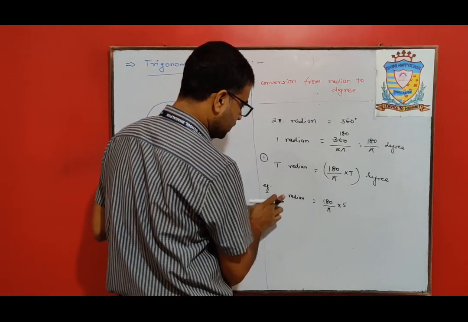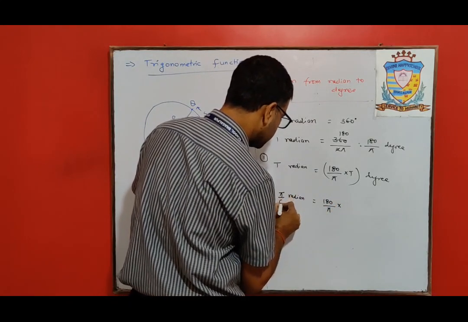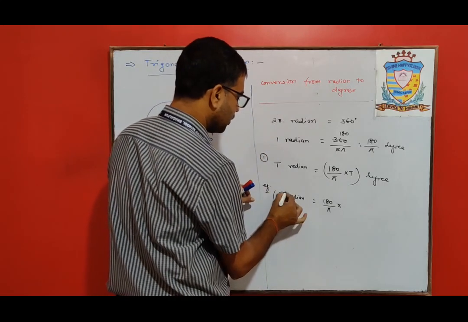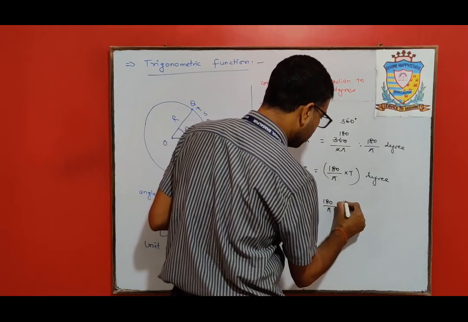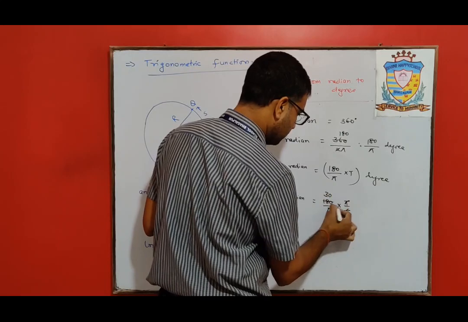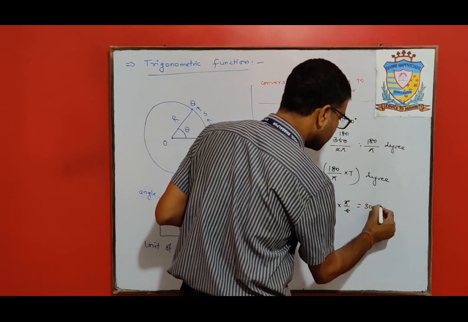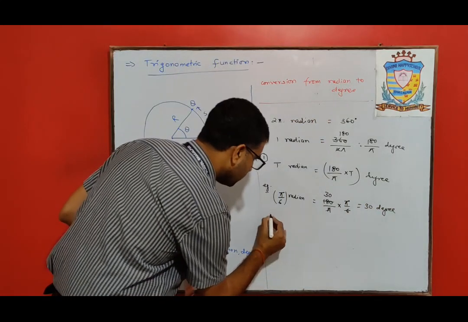Or you can say, not 5, we will take pi by 6 radian. Clear? In terms of pi. So pi by 6 radian. So 180 upon pi into pi by 6. So 6, 30, pi cancel. So this becomes 30 degree. Clear?